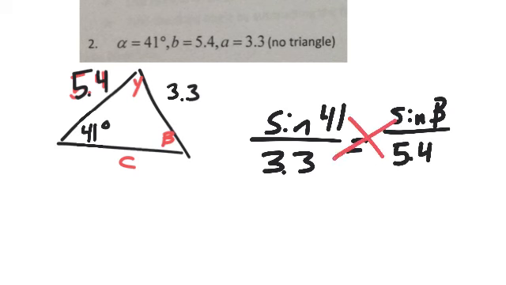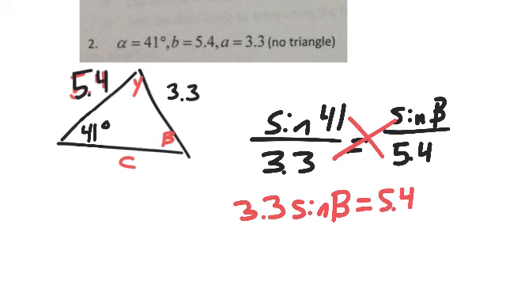Now we've got a proportion. We're going to cross multiply and solve for beta. So this is going to give me 3.3 times sine of beta equals 5.4 times sine of 41.